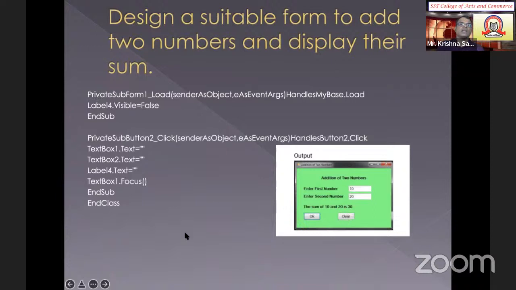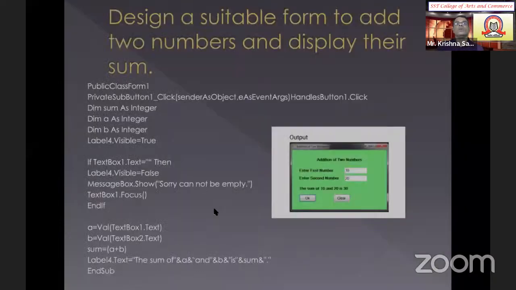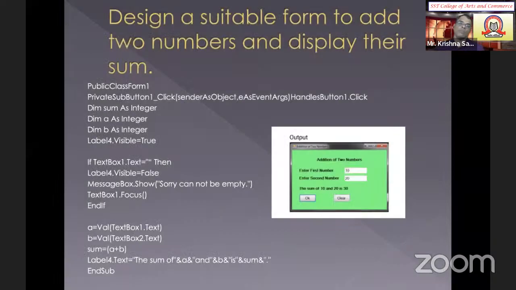So I double clicked on Clear, and I have written this: whatever is written, replace with blank. Then I have written the code for the OK button. On the OK button, I want whatever is there in text box 1 and text box 2 to be added, and the total will be displayed in label 4. That way I wrote my code.